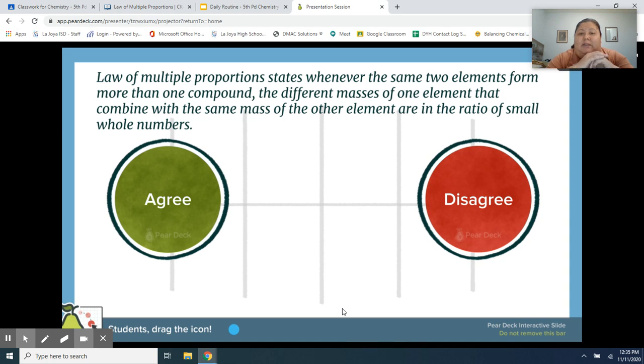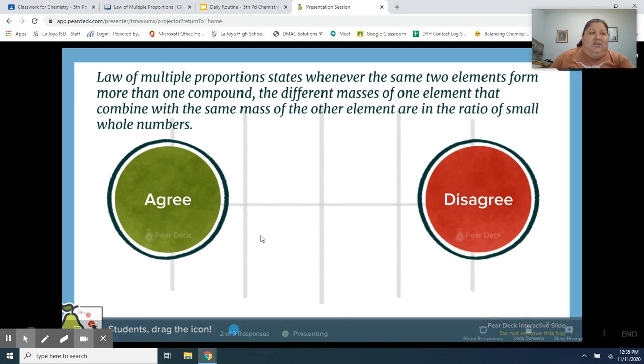So you're comparing the mass of two versions of compounds. These compounds have the same elements, they just have different mass because there are different numbers of each. And when they do compare them, they're in ratios of small whole numbers.